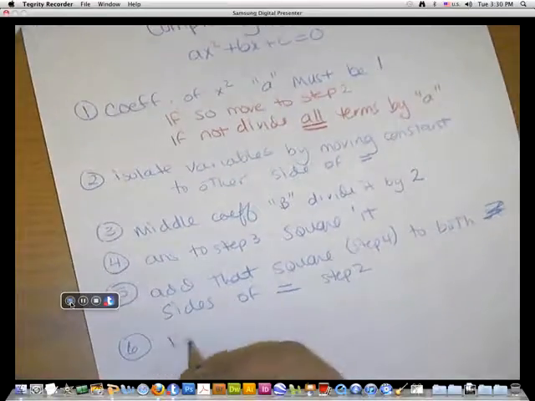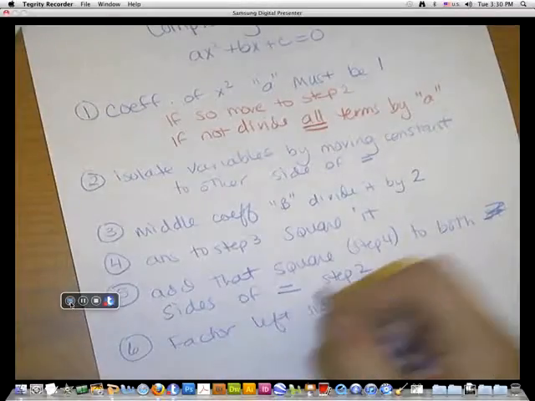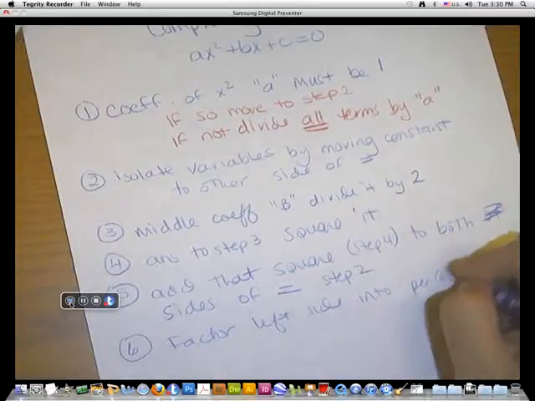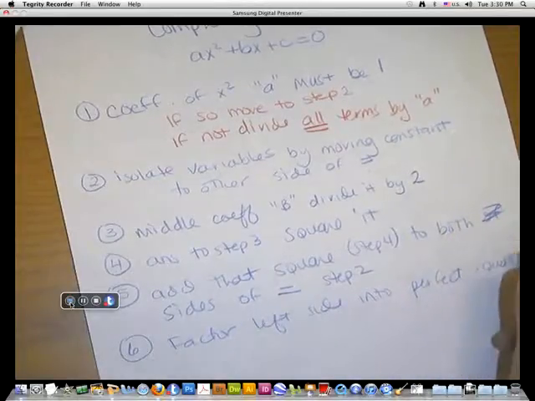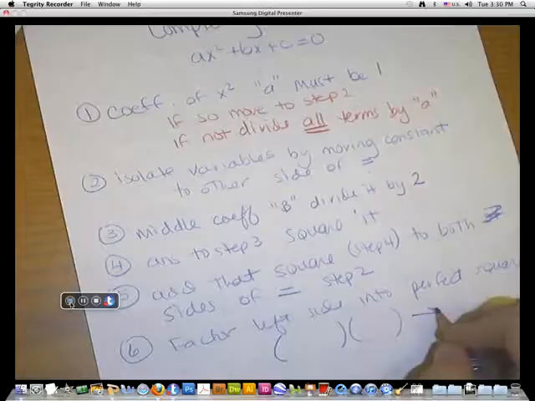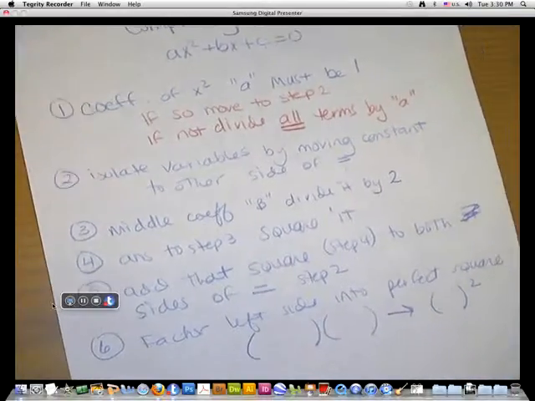The 6th is that we're going to factor the left side into a perfect square. What that means is that we're going to be able to get the same factor here, and it's going to be able to be written as a quantity squared.